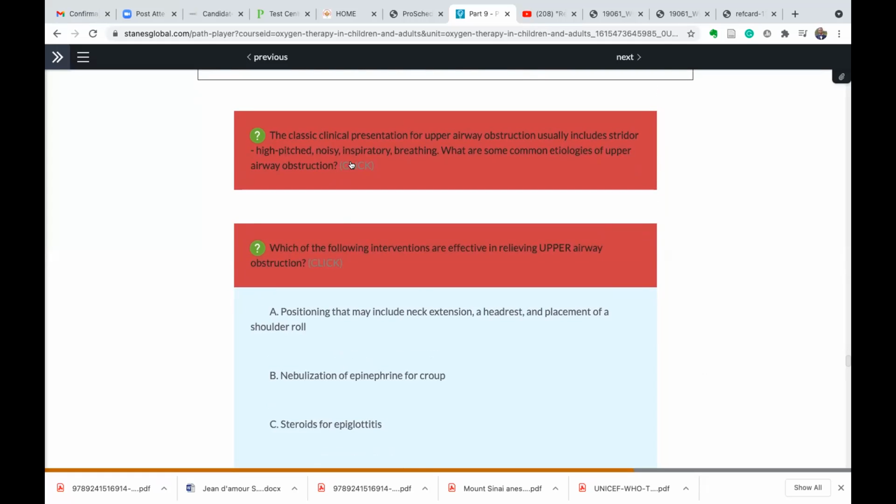So I would like to hear from you your top differential diagnoses once a patient has stridor and signs of upper airway obstruction. So what will be your top 3 differential diagnoses?